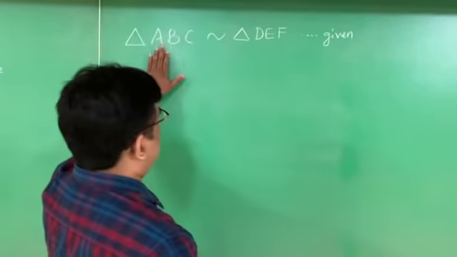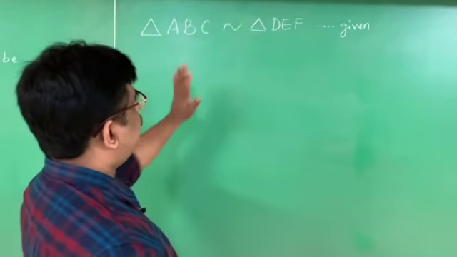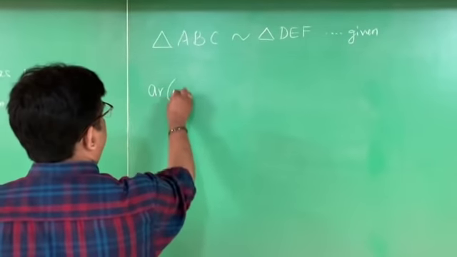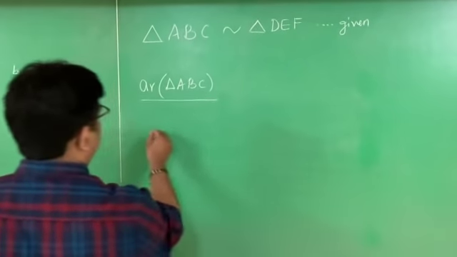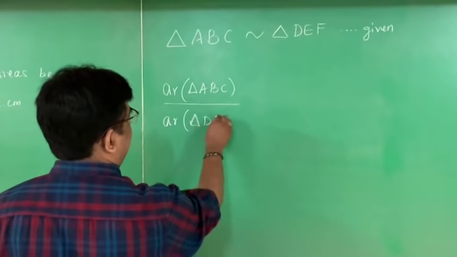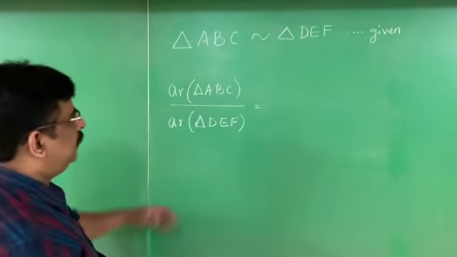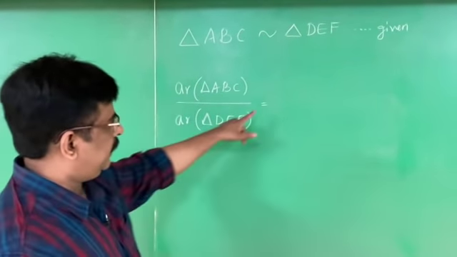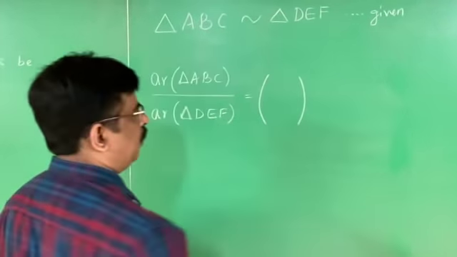Since the triangles are similar, I can directly apply the theorem. The theorem tells that area of triangle ABC by area of triangle DEF is equal to the square of the ratio of their corresponding sides.